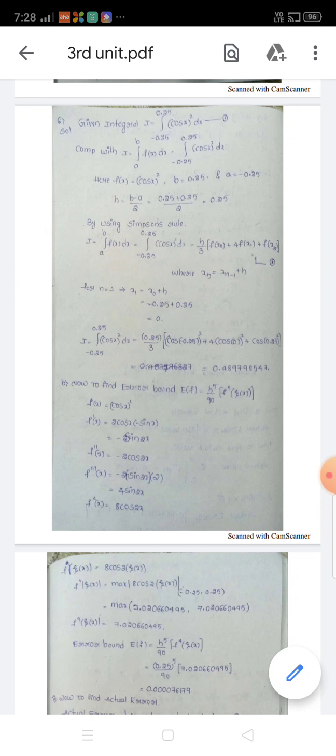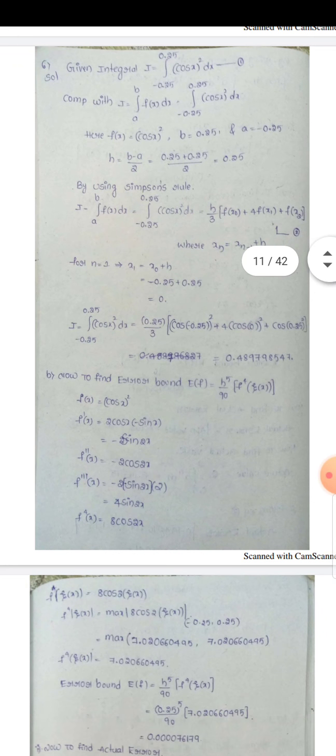Here f of x equals cos x square, f dash x equals 2 cos x into the derivative of cos, minus sin x, equals minus 2 sin x cos x. This is equal to minus sin 2x.